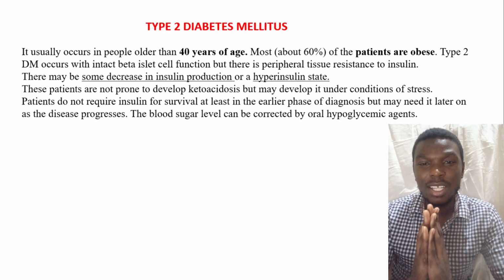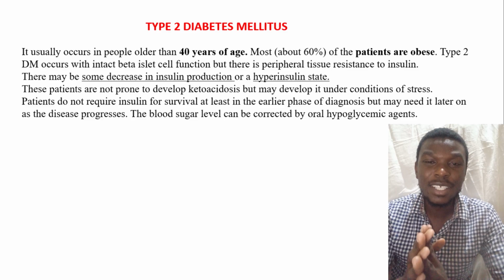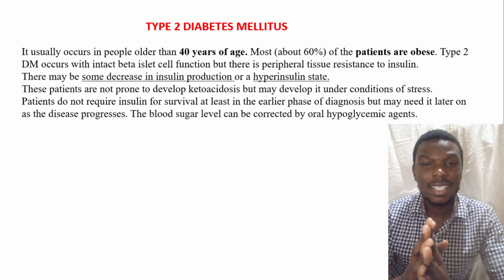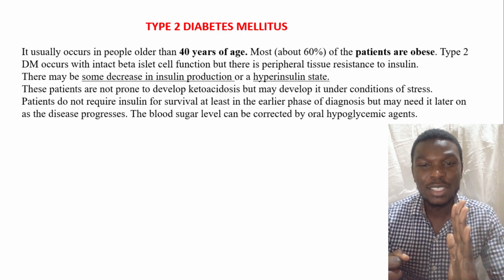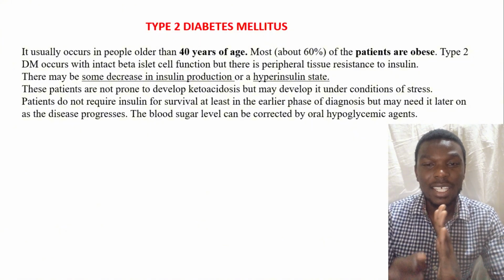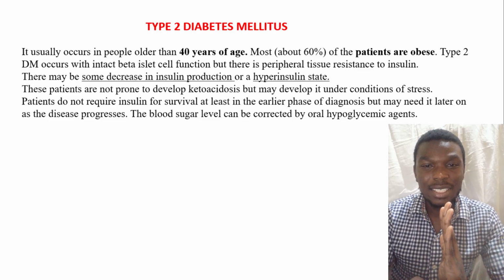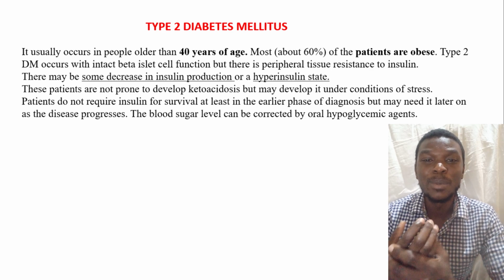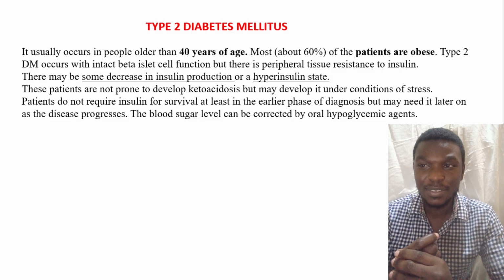So the body is producing enough insulin, but it's failing to respond to this insulin. So imagine it like this. Insulin is like a key that opens a door for sugars to enter the cells. But in these patients, the key is there, but it opens fewer doors. So that's the problem with these patients. So for them, it's resistance.